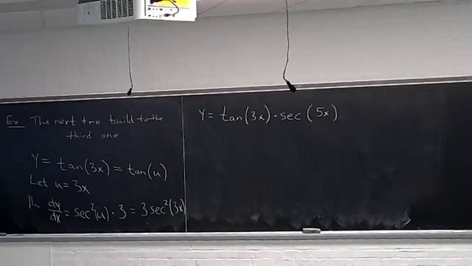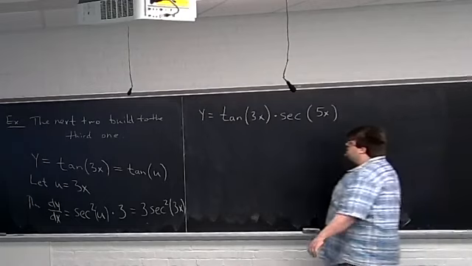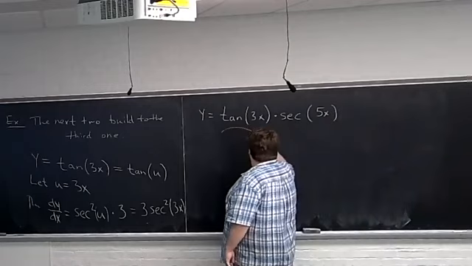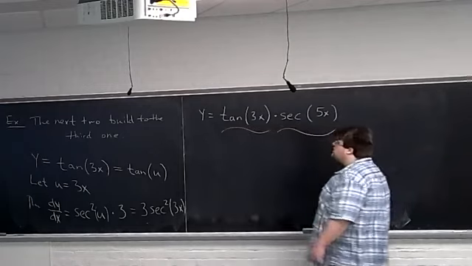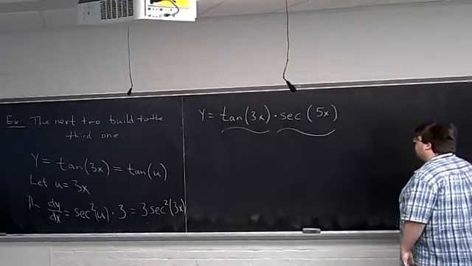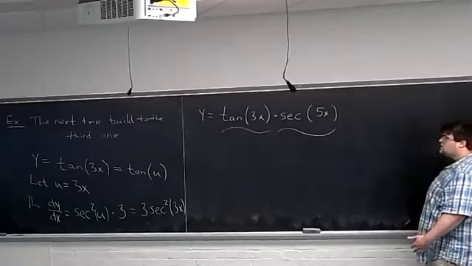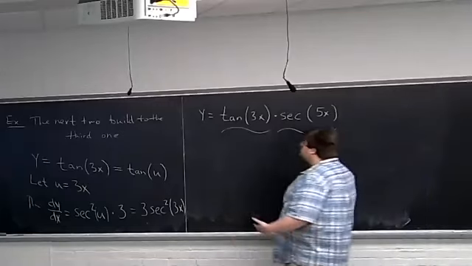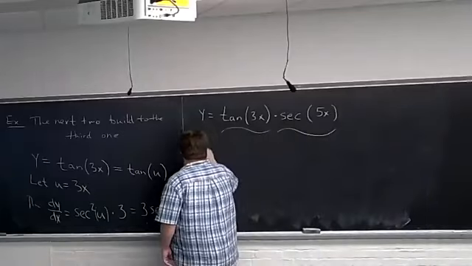Well, before even noticing anything about the chain rule, we have here two functions of x multiplied together. We have tangent of something times secant of something. So right from the beginning, we observe we have a product, meaning the derivative will require use of the product rule.